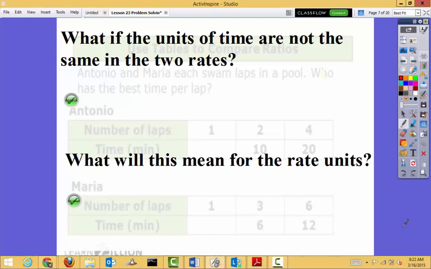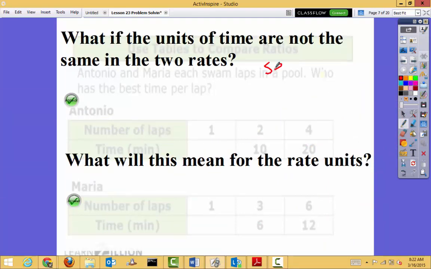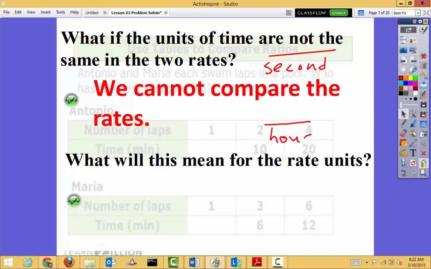Okay, so now let's look. What if the units of time are not the same in the two rates? So for example, here I have seconds and seconds. But what if instead of seconds and seconds I had seconds for one ratio and the other ratio was hours? What do I know? Well, I cannot compare the rates. So what does this mean for the rate units, or my unit rate?